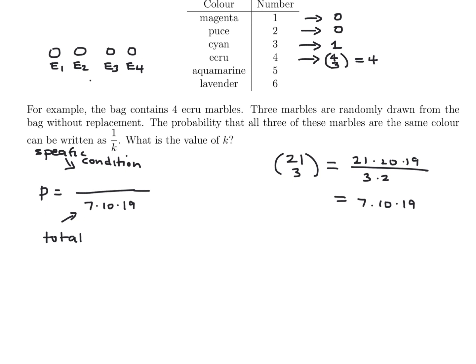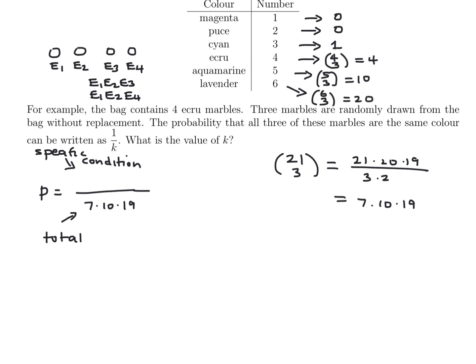It could be either like E1, E2, E3, E1, E2, E4. You see what I'm saying? And there's 4 ways of doing that. I just listed 2. For aquamarine, from the 5, you choose 3, and that is equal to 10. And for lavender, from the 6, you choose 3, and that is equal to 20.